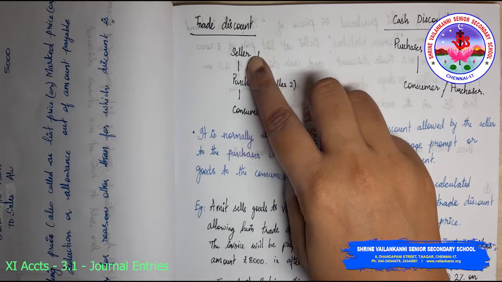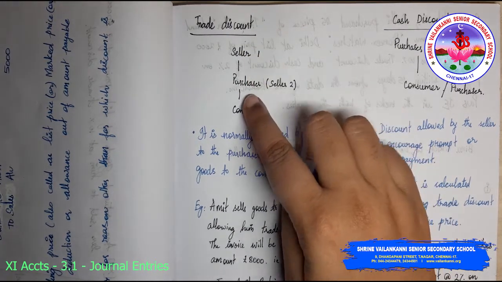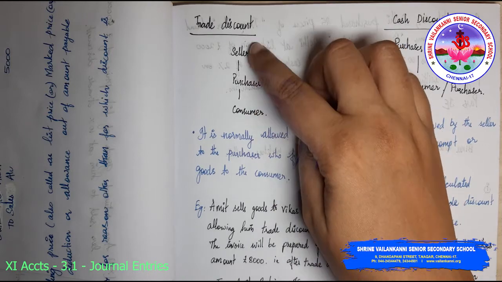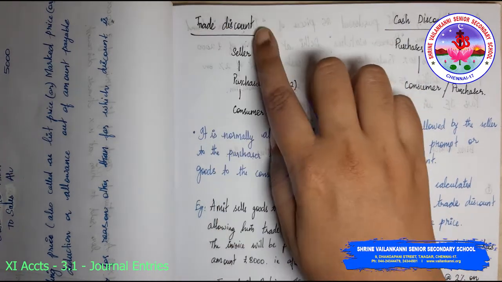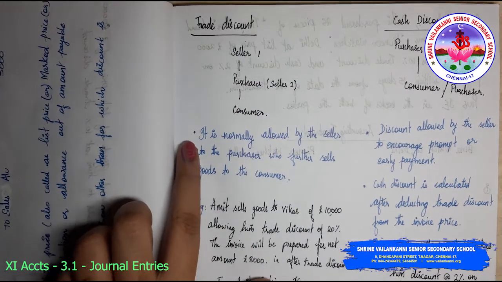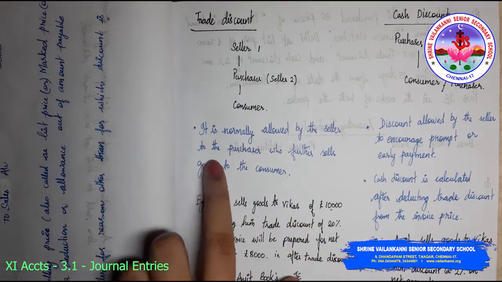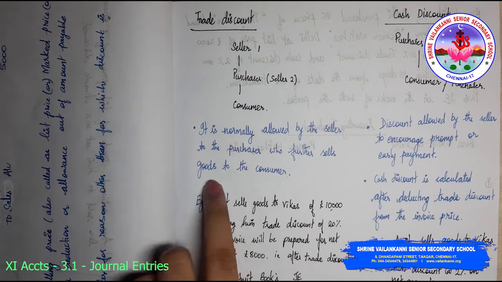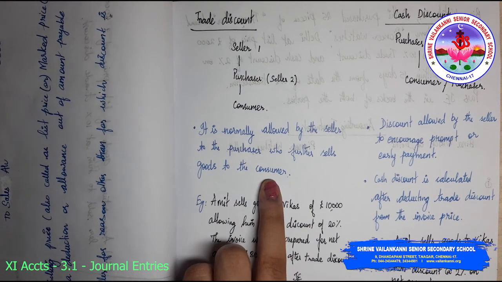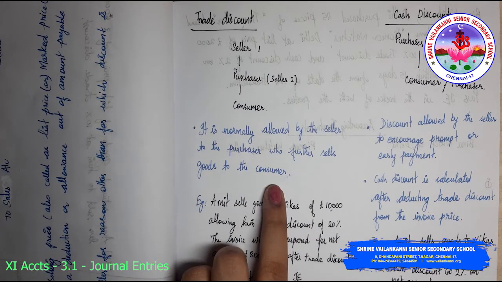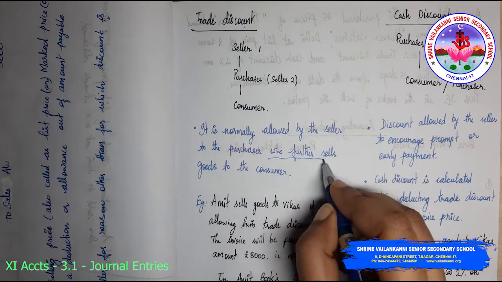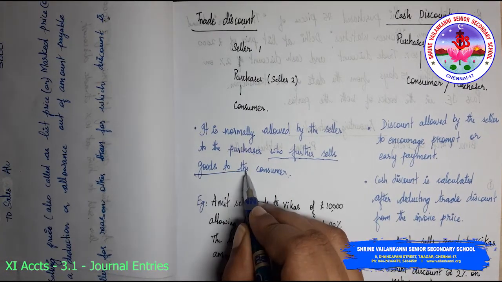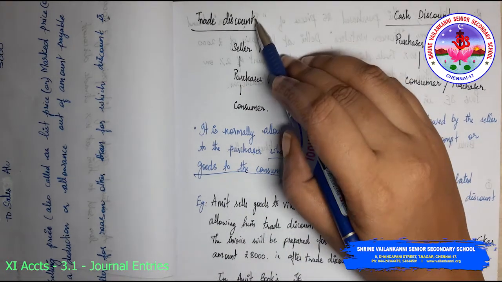So seller is selling goods to the purchaser. Now, if he is giving any discount, then it is called trade discount. I want you to focus. It is normally allowed by the seller to the purchaser who further sells goods to the consumer. So that is called trade discount.